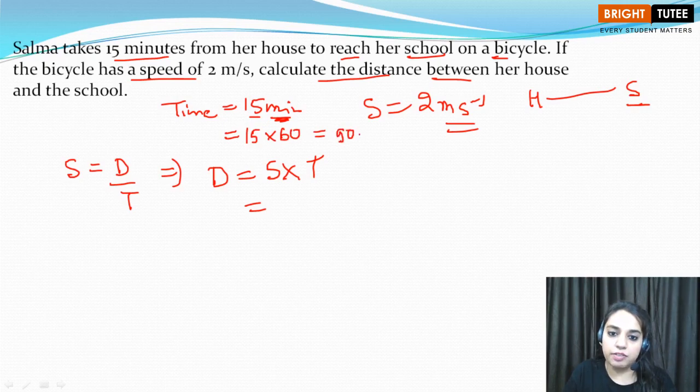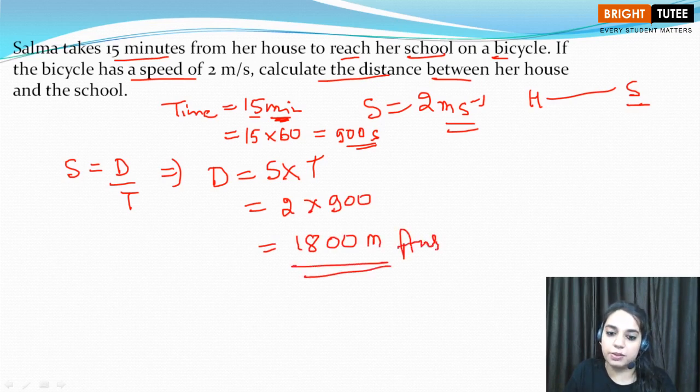So the answer will be 900 seconds. Now we can calculate the distance by multiplying speed with time, and we will get our answer as 1800 meters. This will be our answer. Why? Because the unit of speed is meter per second, whereas this is 900 seconds, so the unit will be meter. I really hope you have understood this. Let's move to the next question.